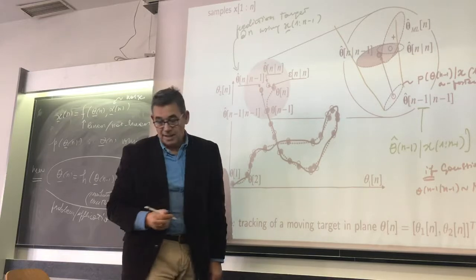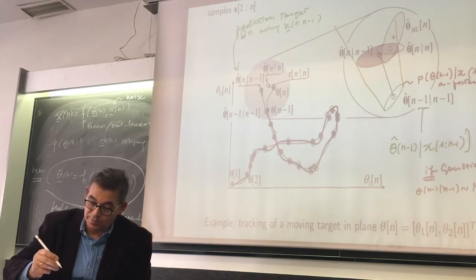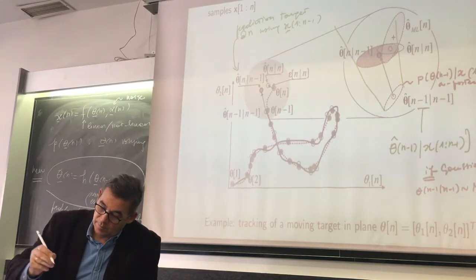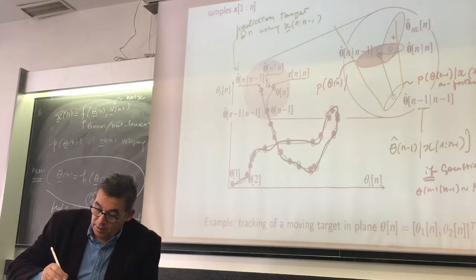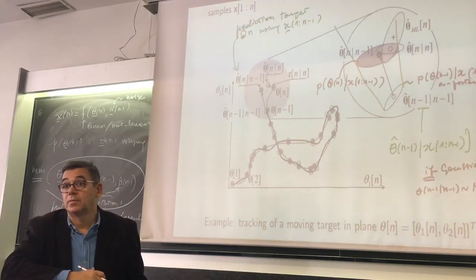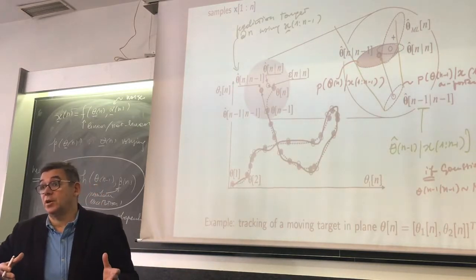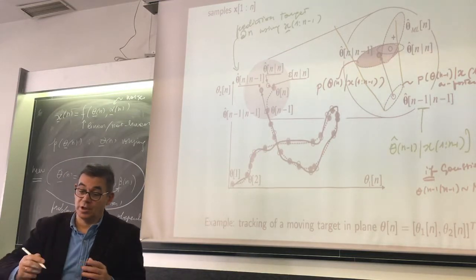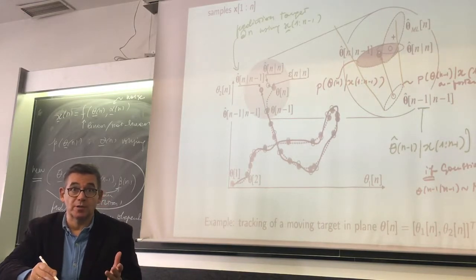So I expect that the probability density function of theta n using all the samples up to n-1 is broader. It's necessarily broader because this denotes a larger uncertainty with respect to the original. The original is this point. So when I'm predicting, I'm broadening that.